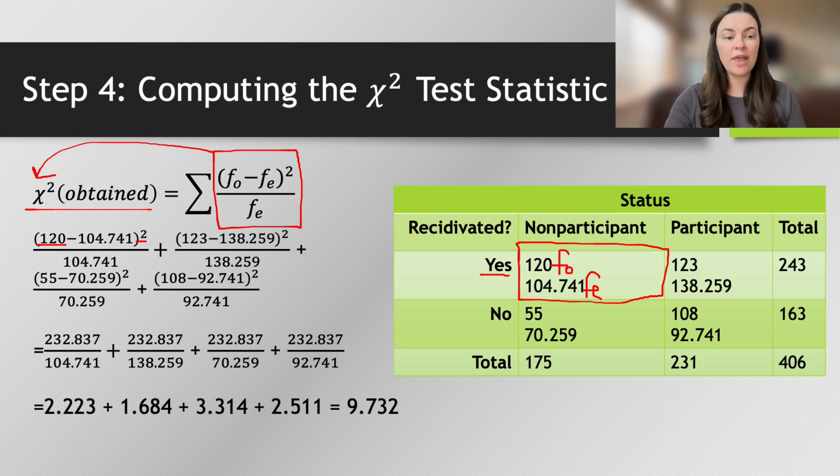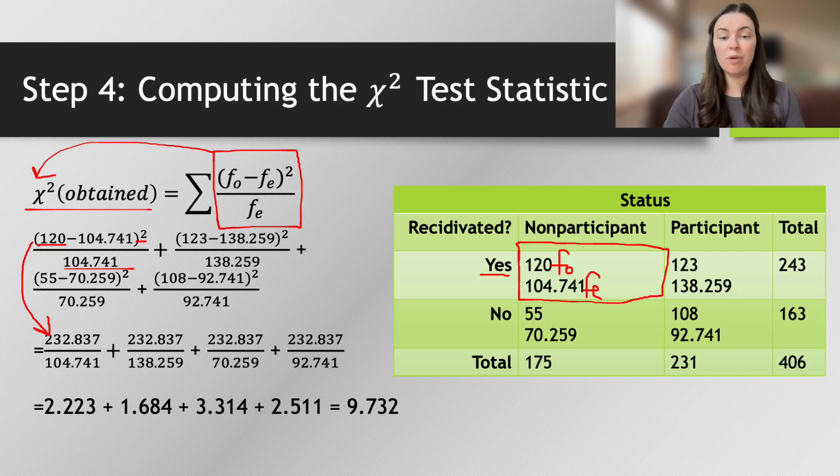We then square that value and divide it by our expected frequency. So right here you see me working through this as well. Our numerator comes out to a value of 232.837, and we repeat this same process for each respective cell.